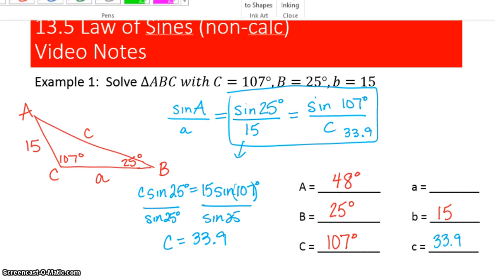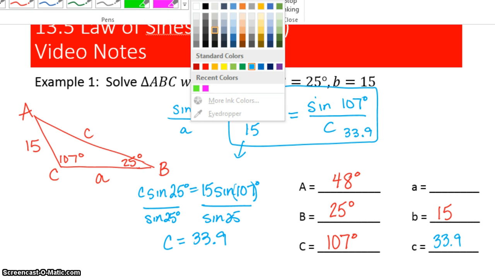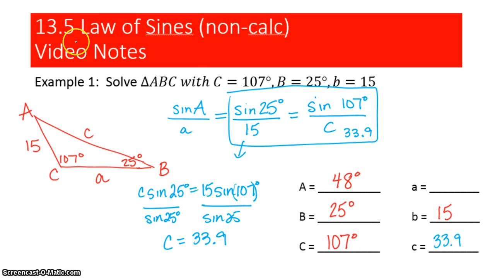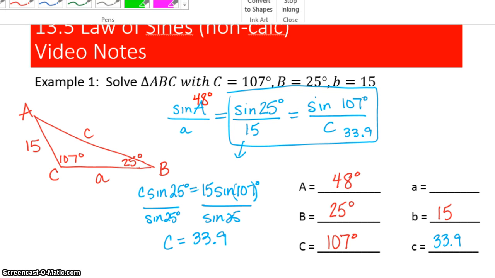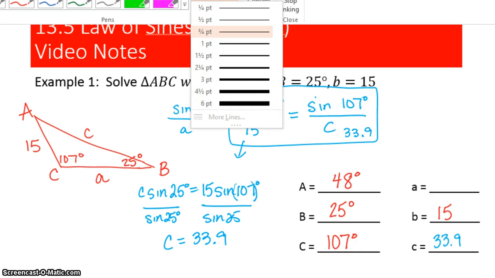However, I actually did find angle A because I subtracted it all from 180, and this is 48 degrees. Okay, so now I can find side A by pulling out a couple different pieces.